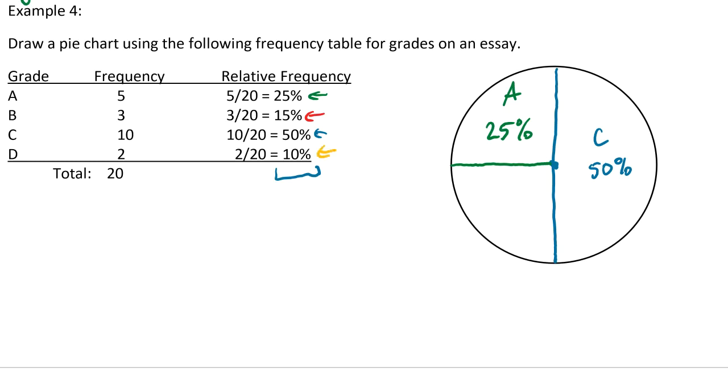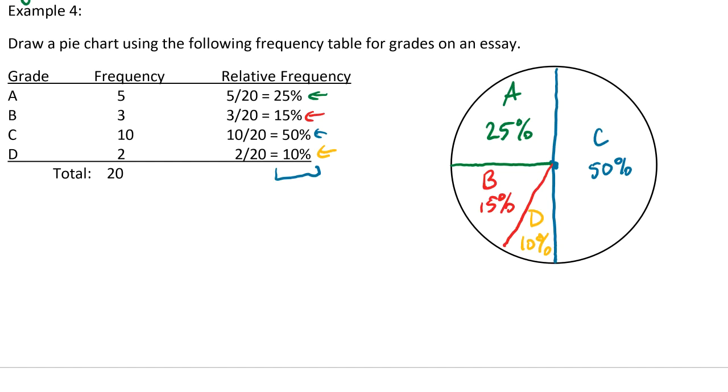So we're going to cut out a slightly bigger portion of it. We're going to call that B. We're going to call that 15%. And lastly, we have D with 10%.